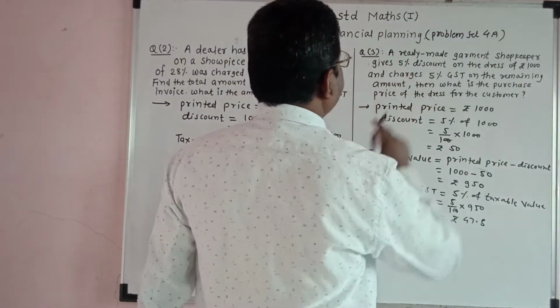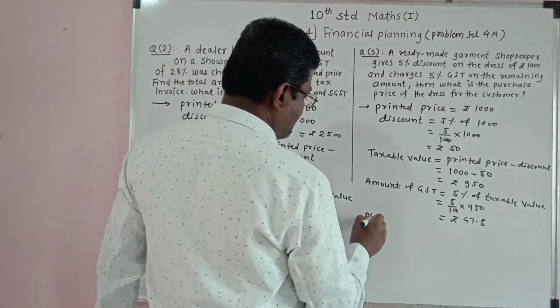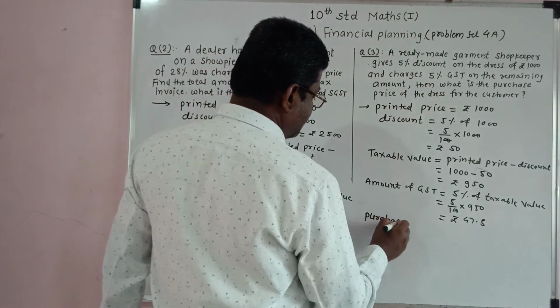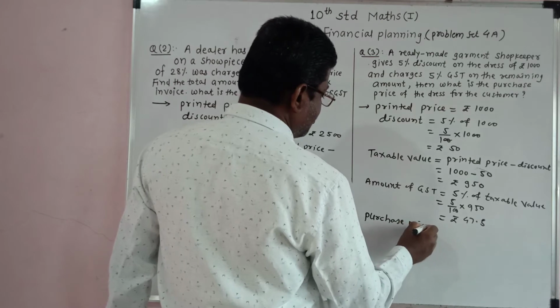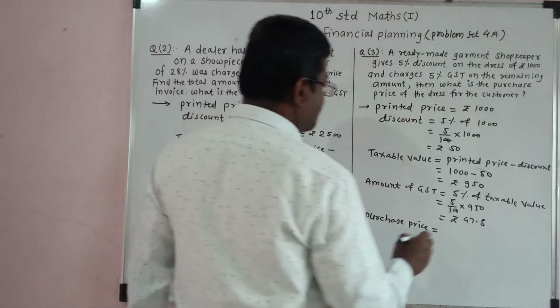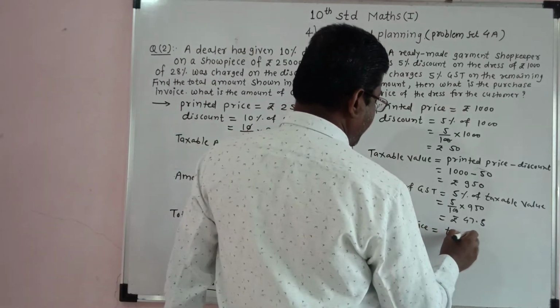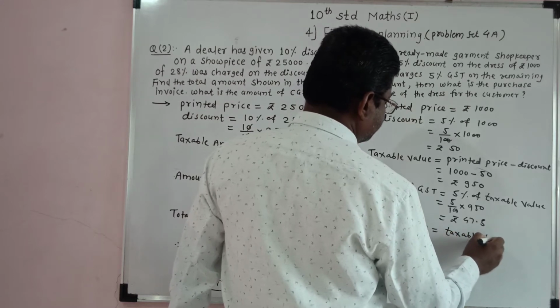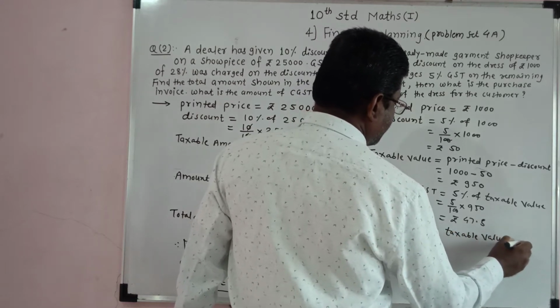Now purchase price. We have to find the purchase price. Purchase price is equal to taxable value plus GST.